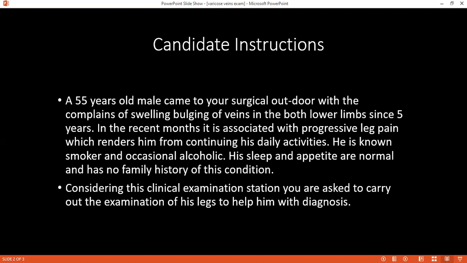There are some signs of chronic venous insufficiency in the form of lipodermatosclerosis, venous ulcer and venous eczema. There is no scar of previous operation, and there is no lower limb edema. The saphenous varix is not palpable, and there is no tenderness over the site of varicosity and the perforators.